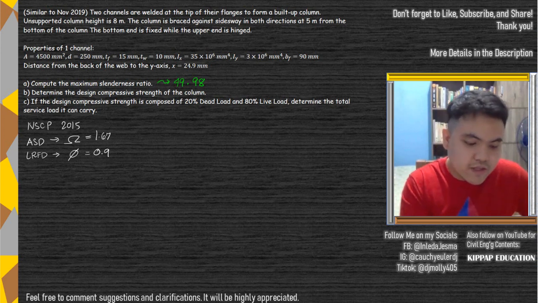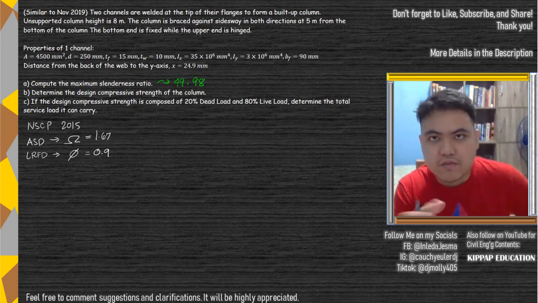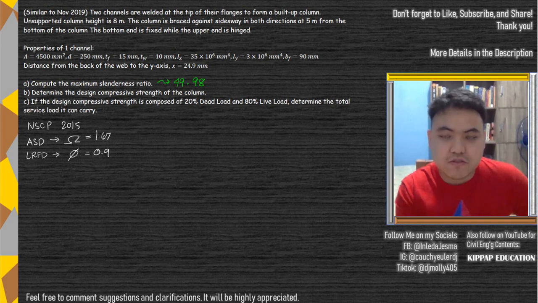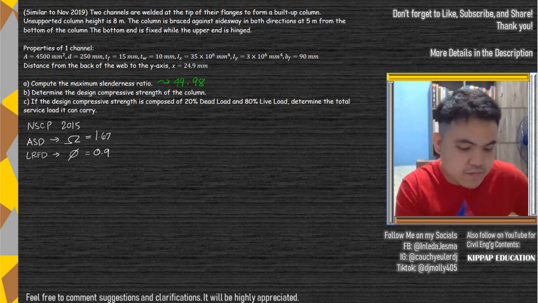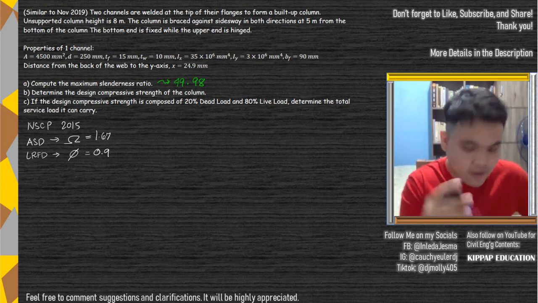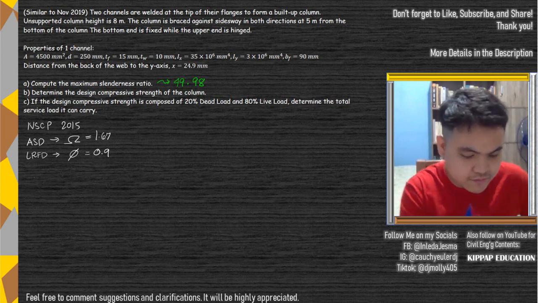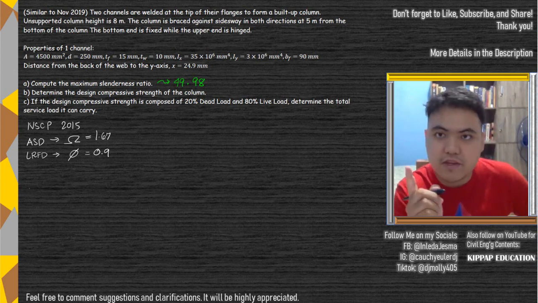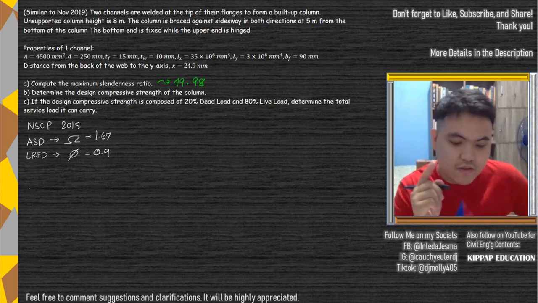Okay, so kunin muna natin yung nominal compressive strength ng ating column so that makuha natin yung mga design na values. P sub n, but for P sub n, we should check first the slenderness ratio. Okay?